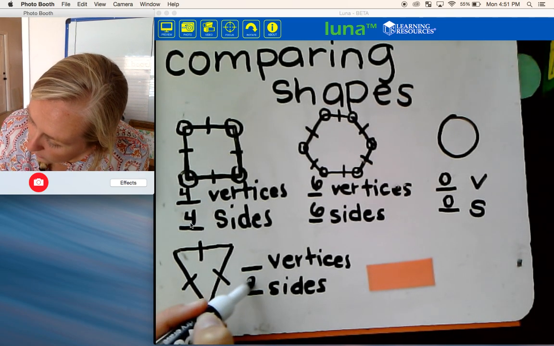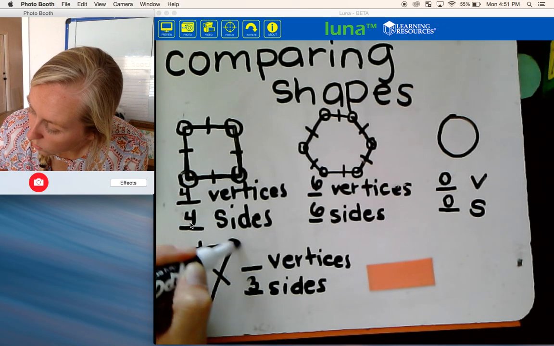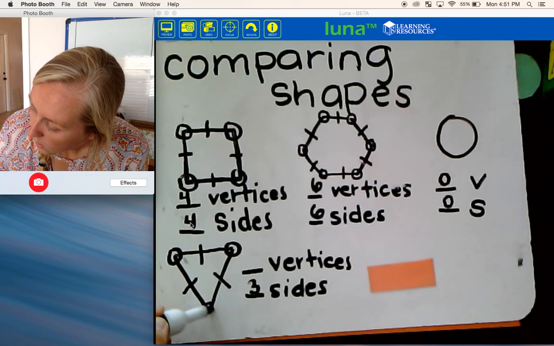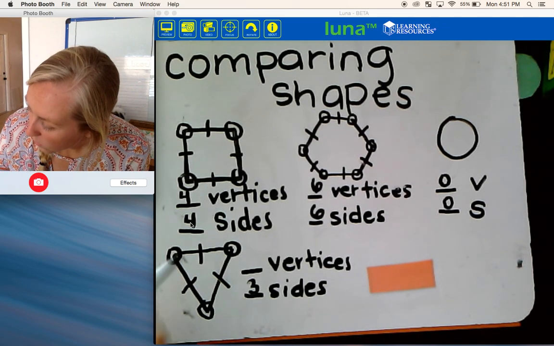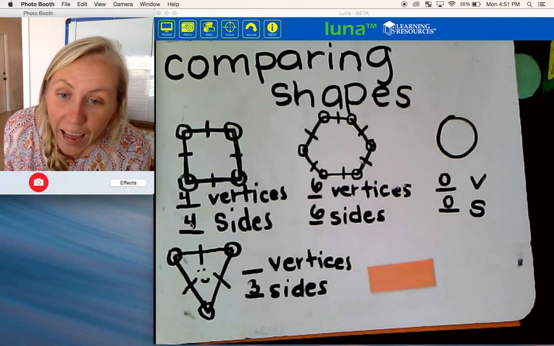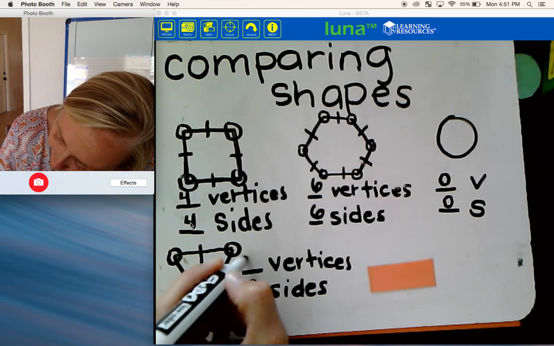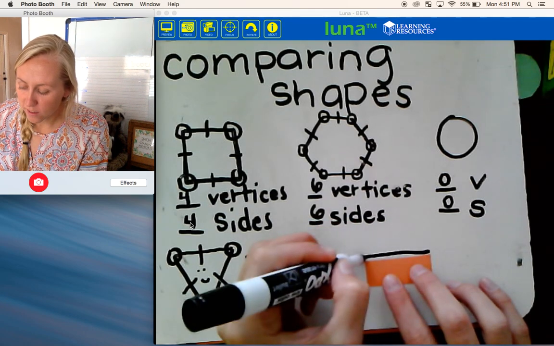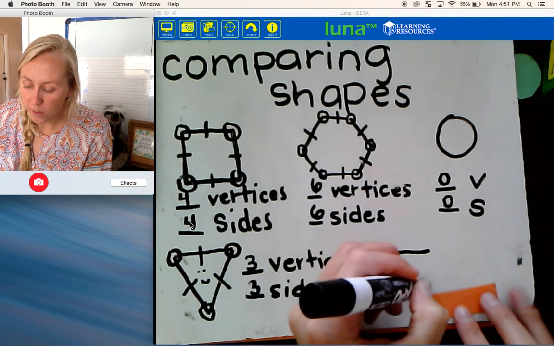It has 3 sides. Now let's count those vertices, those points where the sides come together. 1, 2, and 3. Oh my goodness, it looks like a little mouse. It has 3 vertices.